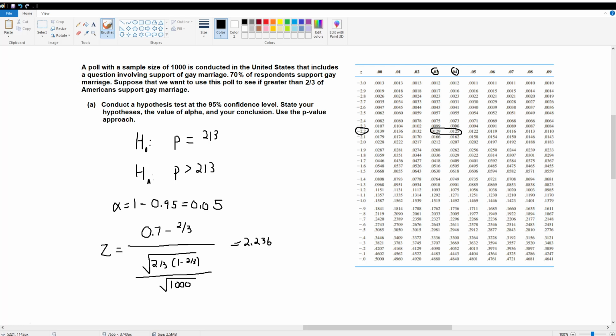Suppose you use the 0.03. You get 0.0129. Rounded to the third decimal place, that's 0.013. If you instead took the 0.04, you get 0.0125. Rounded to the third decimal place, that's 0.013. In both cases, third decimal place round off gives you the same answer.